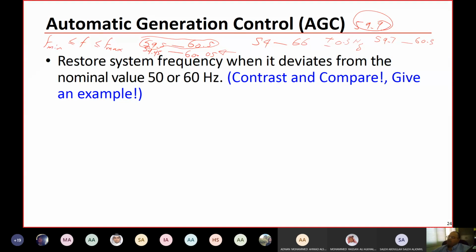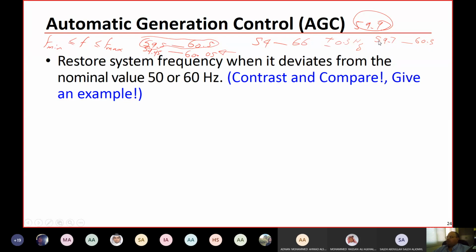And if the frequency is still going down to 59.8, for example, the power system operator will switch off additional loads. Each utility has scenarios for load shedding. If the frequency reaches this value, I will disconnect 10% of the load. If it reaches this value, I will disconnect 10% more, and so on.